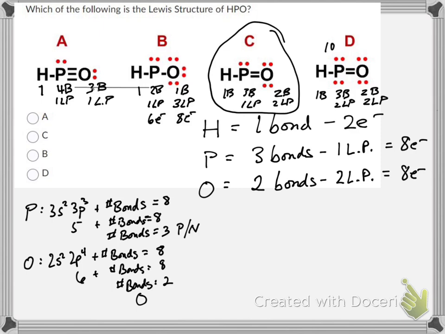We can also count the number of electrons around the central atom, and we have to complete the octet, the 8 electrons. So all of the structures that have either 10 electrons or 6 electrons around a central atom can be discarded.